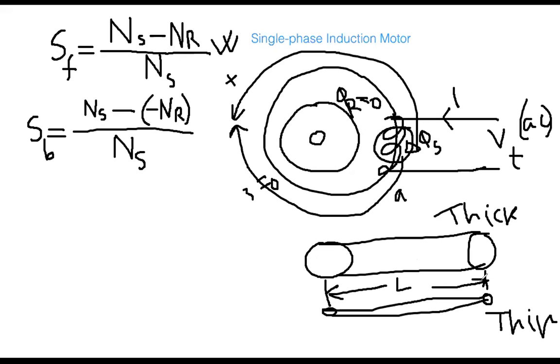So which cable has higher resistance, this one or this one? This is thick, its cross-sectional area is larger than this one. This is thin, this is thick, but the length is the same. So which cable has the higher resistance?